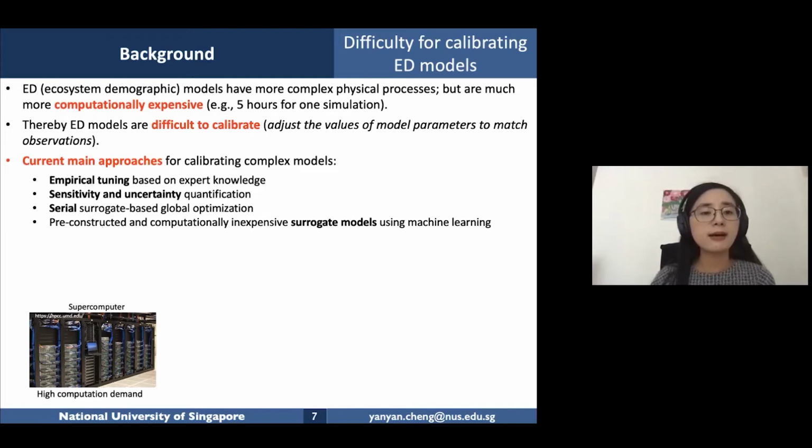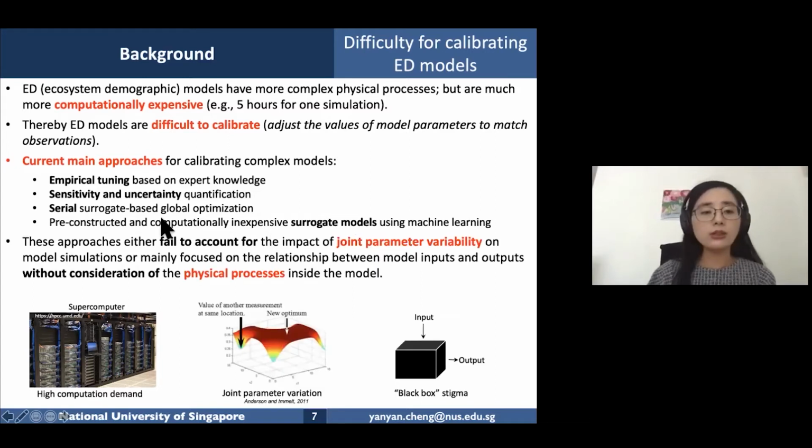Currently, there are some main approaches that have been applied to calibrate this kind of complicated model, such as empirical tuning based on expert knowledge, sensitivity and uncertainty quantification work, and, more recently, with advances in machine learning, people using machine learning techniques to build inexpensive surrogate models. But all these approaches have their own limitations.